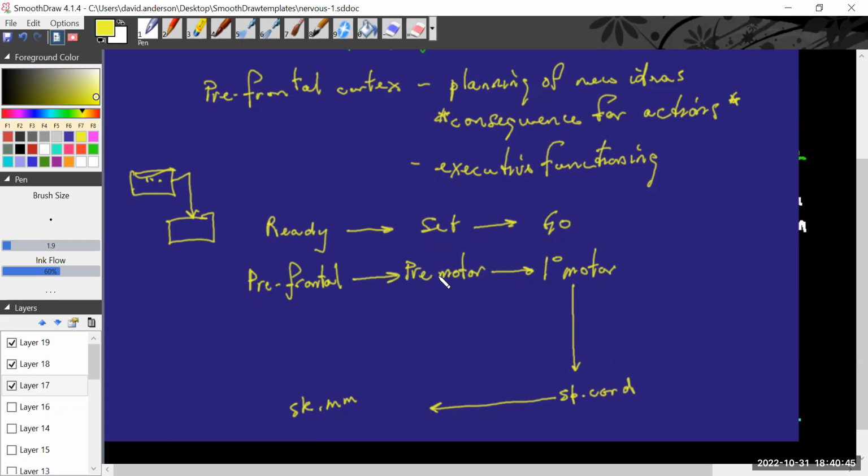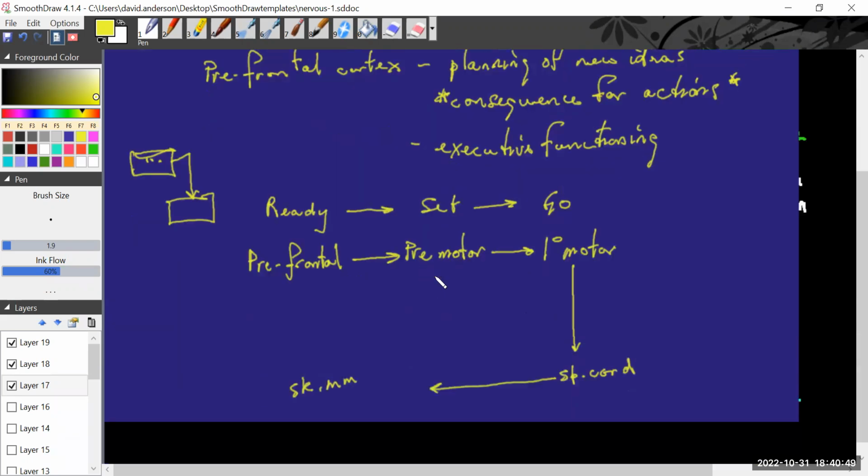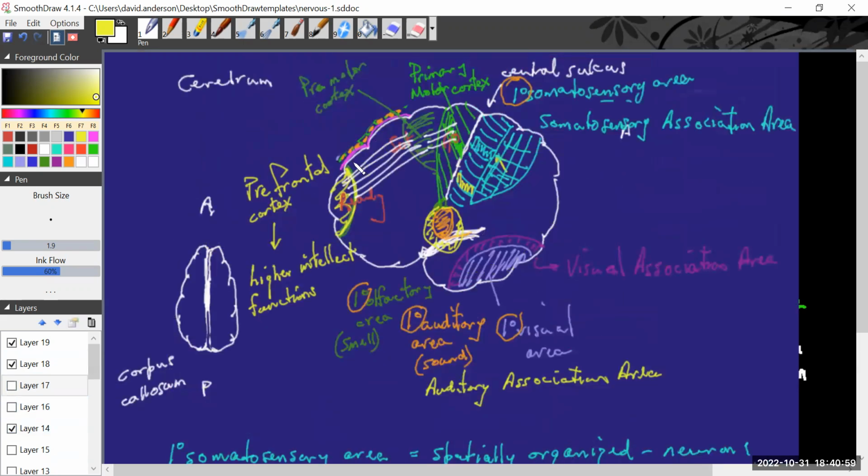So you just want to be able to discuss some of these areas that we've been drawing. If we don't draw them, I'm probably not going to ask you any questions about them, right? If we haven't talked about them, there's not likely to be any questions on it. But we've got quite a bit drawn in here as it is. We don't need to bog you down with more.